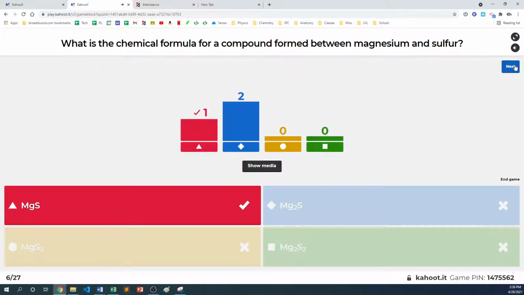Oh, we've used magnesium and sulfur too much. Magnesium is plus 2. Sulfur is minus 2, so the charge is already canceled. So we only need one magnesium to cancel out the charge of the sulfur. So it's MgS.